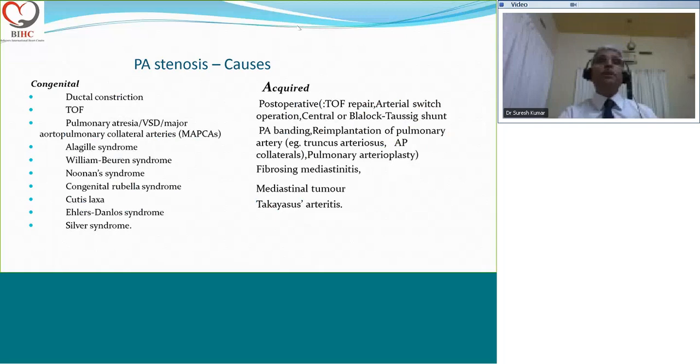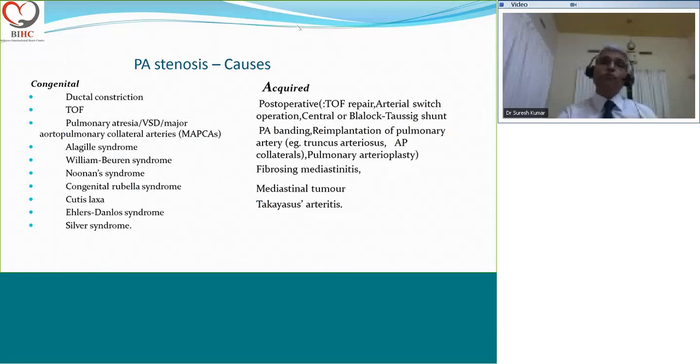It's very common as an association of tetralogy or tetralogy with pulmonary atresia. In Alagille syndrome, pulmonary arterial stenosis is classical. So is the case in Williams, Noonan's, rubella. You may also get it in inherited disorders of connective tissue like cutis laxa, Ehlers-Danlos, and Sillence syndrome.